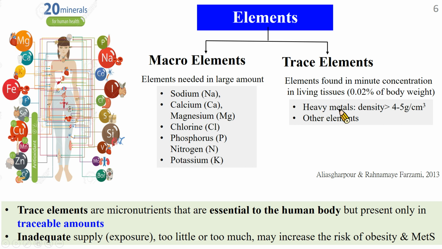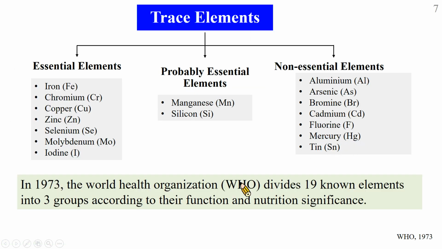And heavy metal is defined as density greater than or equal to 4 to 5 grams per cubic centimeter. And this heavy metal can be toxic heavy metal or non-toxic heavy metal. So in 1973, the World Health Organization divided 19 elements into 3 groups according to their function and nutrition significance.